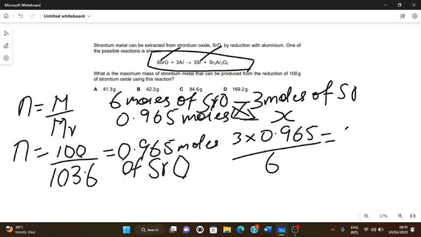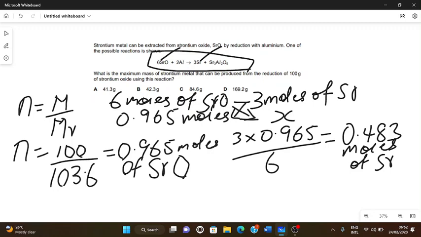It will be 0.483 moles of strontium. That's what you're going to get.